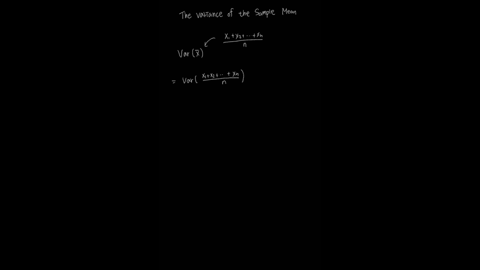Variance is in squared form, since variance in general is the expectation of x minus x bar squared. If there is a constant inside, it comes out squared. So 1 over n squared comes out, times variance of x1 plus x2 up to xn.